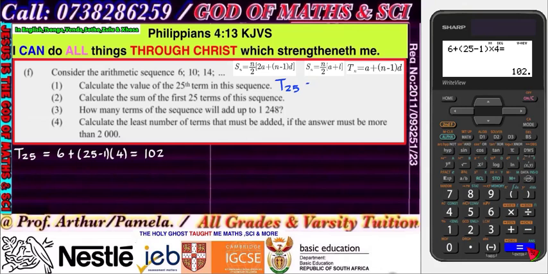All right, so that's the first answer. The answer is 102. Then there's a second question, says calculate the sum of the first 25 terms of the sequence. Symbolically, they are asking you to substitute 25. So you already know this is going to be the last term because that is the 25th term. So I'm going to use that formula there.